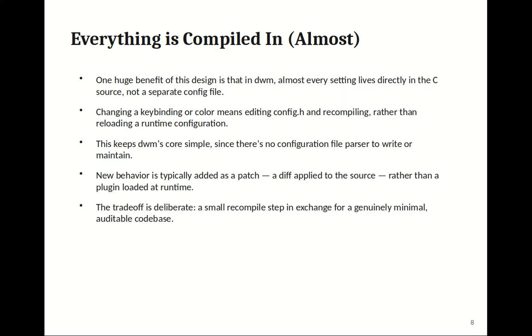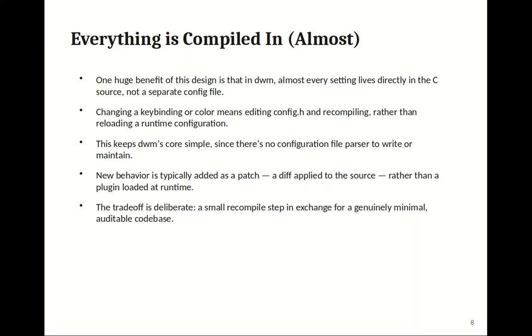Everything is compiled in C, almost. One huge benefit of this design is that in DWM, almost every setting lives directly in the C source, not a separate config file. Changing a key binding or color means editing config.h and recompiling rather than reloading a runtime configuration.